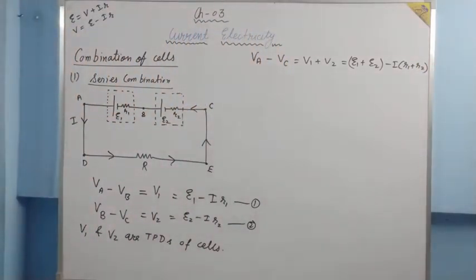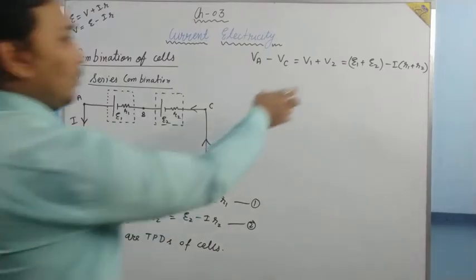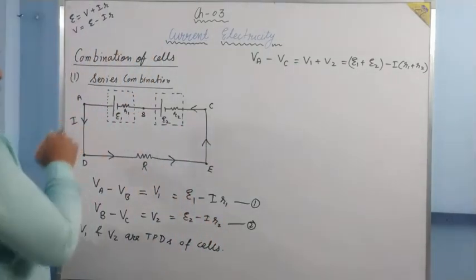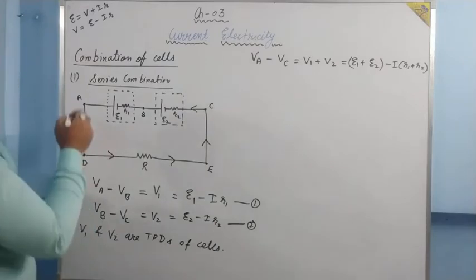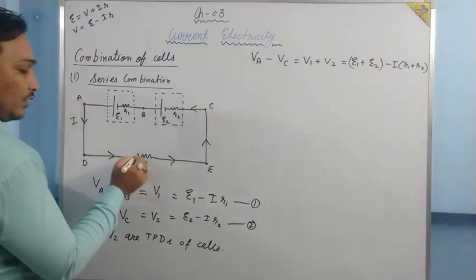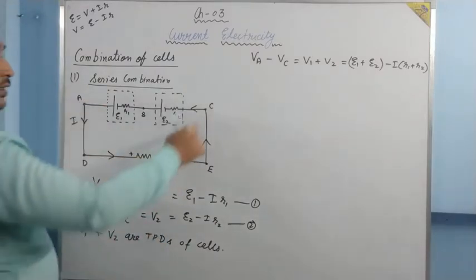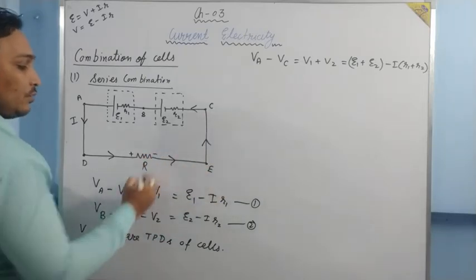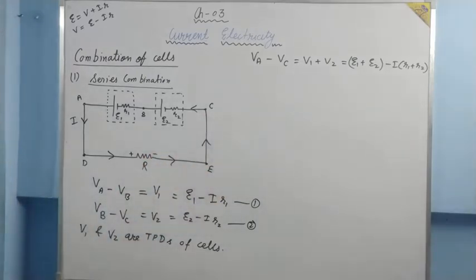Okay. Now, this V1 plus V2, potential difference, what is that VA minus VC? A is connected to this end of the resistance, which is plus, and C is connected to this end of the resistance, which is minus.